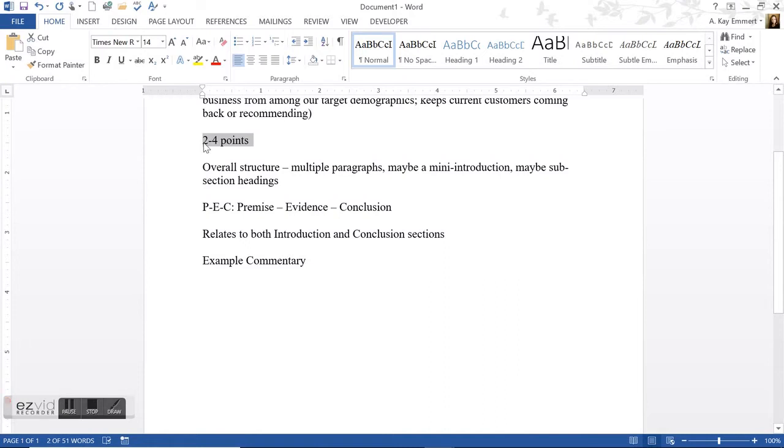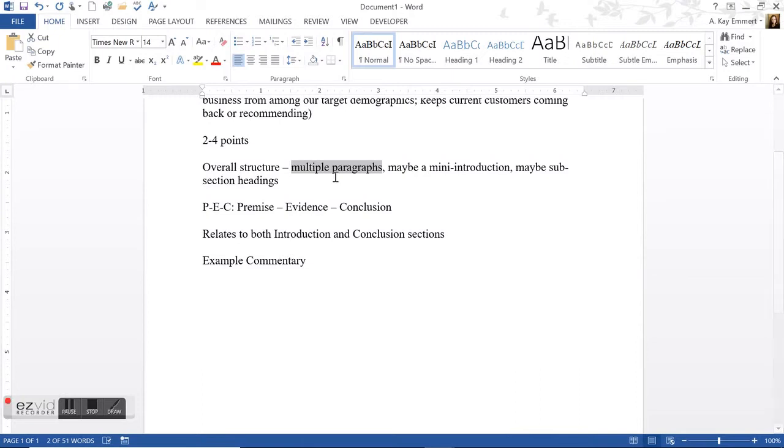The overall structure I'll be talking about when I do my example commentary, but since you have more than one point, each point should have its own paragraph. That means you're going to have multiple paragraphs in this section. That is also why we have section headings, so that you can show that all these paragraphs together count under strengths.